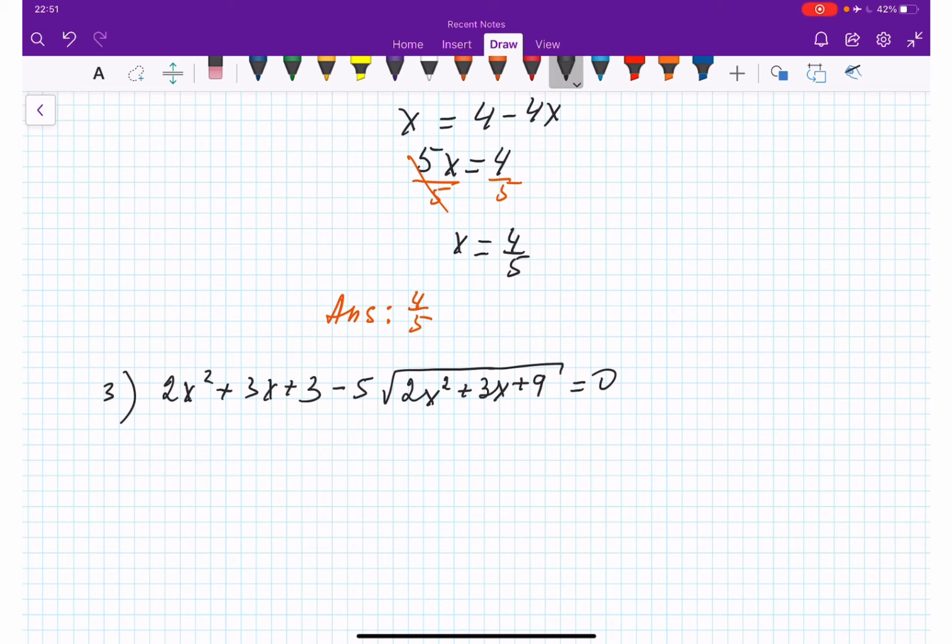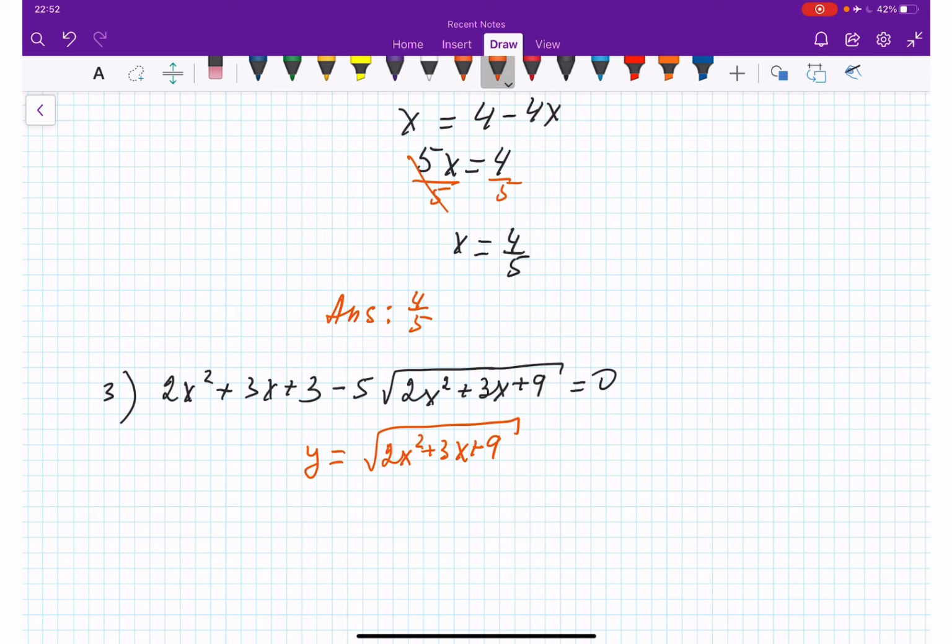So we are doing substitution, and it's going to be, well, let me see, y is equal 2x squared plus 3x plus 9, and all this under square root.